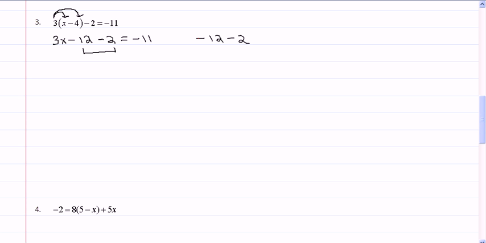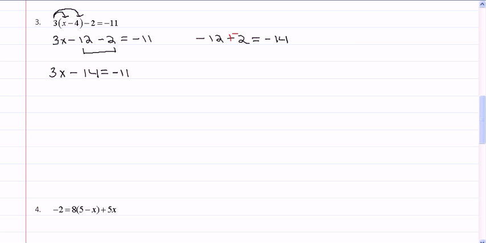So we keep the sign of the 12 as negative, we change the subtraction sign to addition, and we change the addition sign of the 2 to a minus sign, so that we're actually adding -12 plus -2. -12 plus -2 is -14. So I rewrite my equation as 3x minus 14 equals -11.